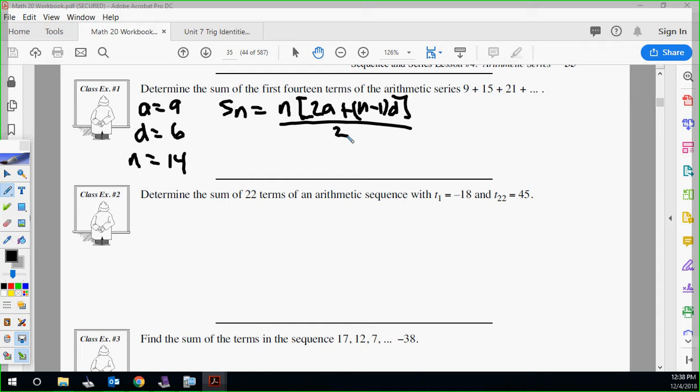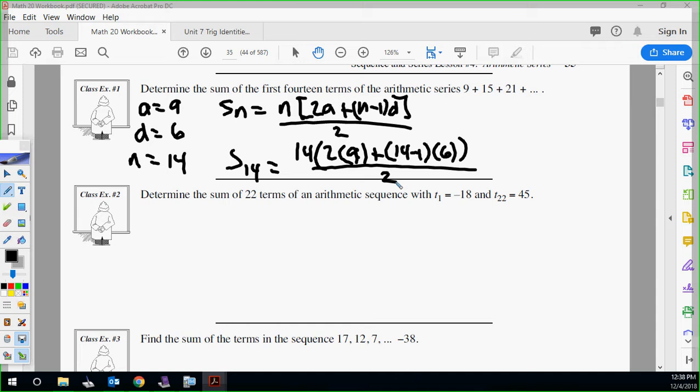So for us, S sub 14 is 14 times 2 times 9 plus 14 minus 1 times 6, all over 2. I would simplify this first before you put it in your calculator. There are a lot of brackets going on, but it's not hard arithmetic. This is an 18.